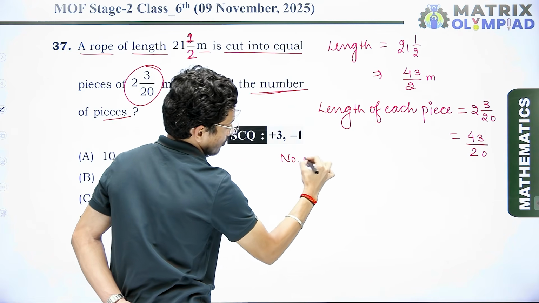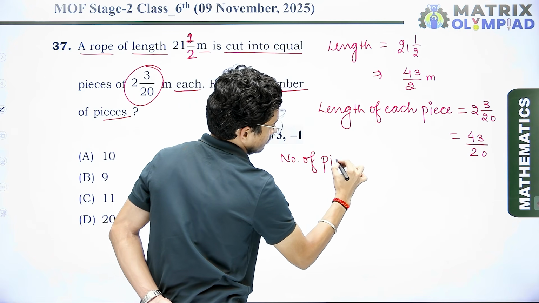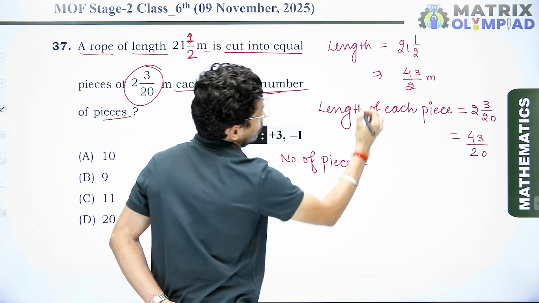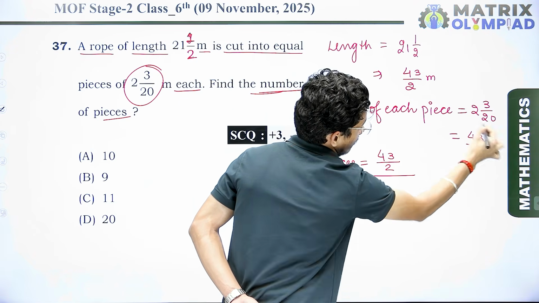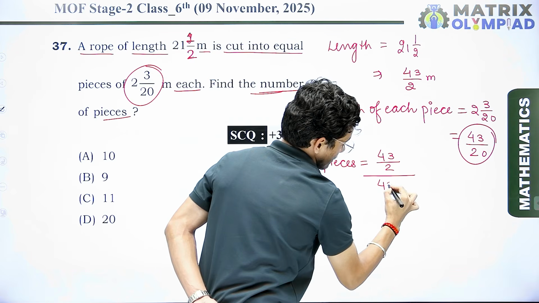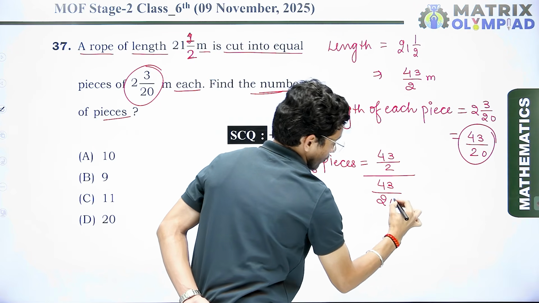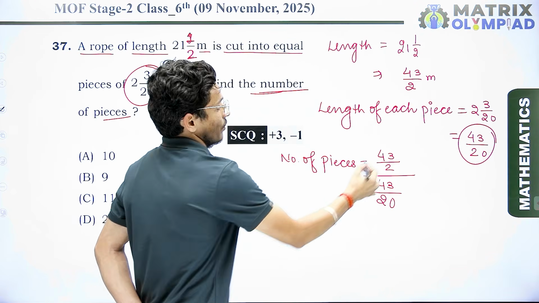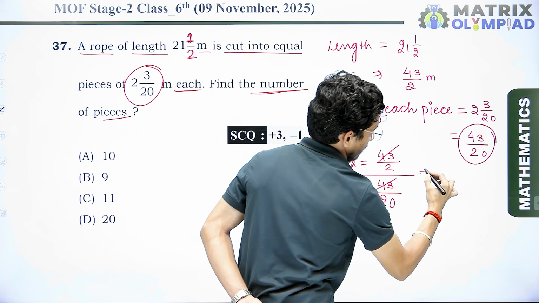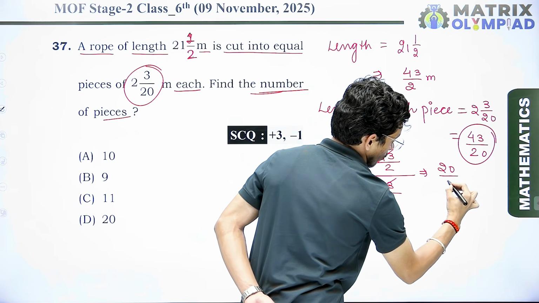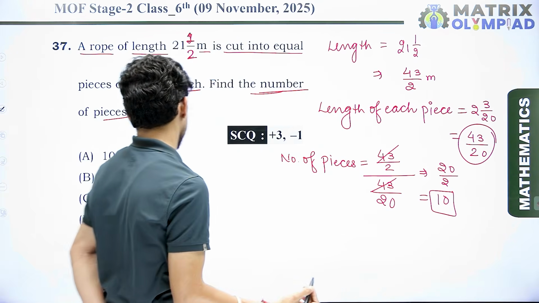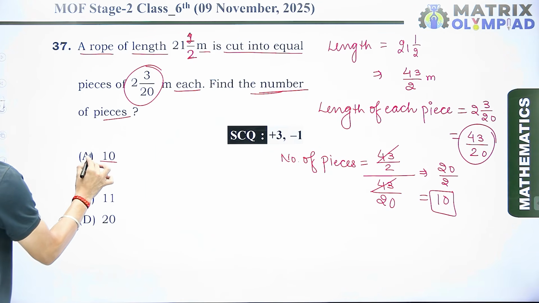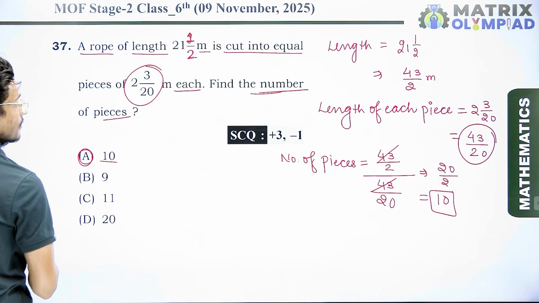So the number of pieces is equal to the total length 43/2 divided by the length of each piece, that is 43/20. When I simplify it, 43 cancels out. So here I can write 20/2, that is 10. So the number of pieces is 10. It means option number A is the correct answer over here.